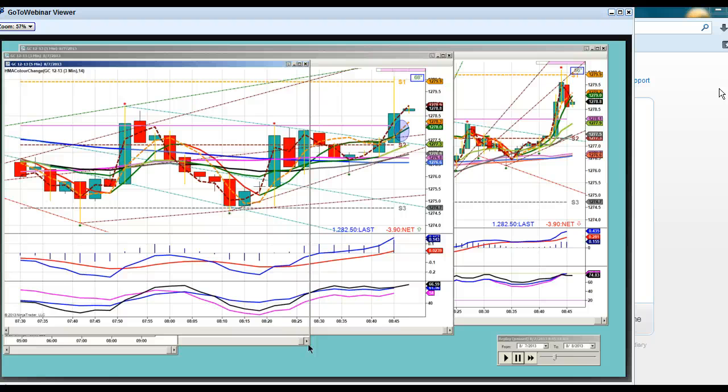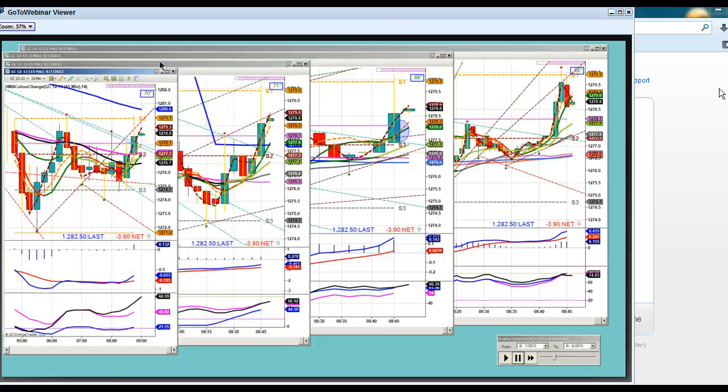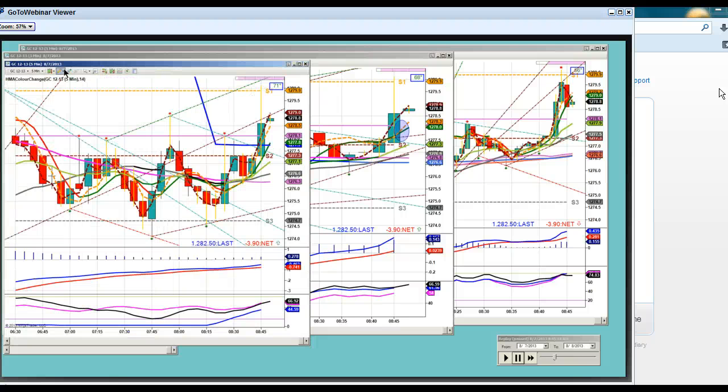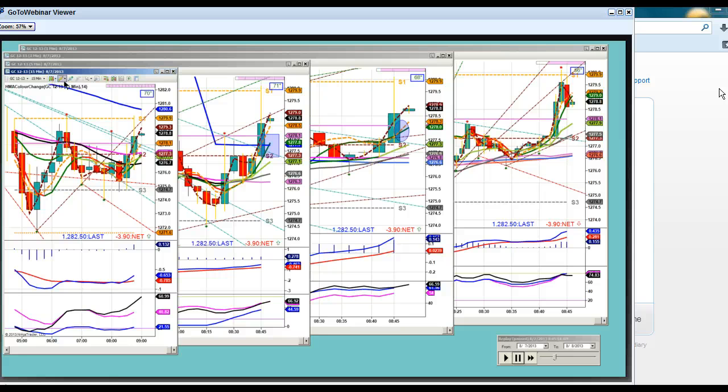Notice on the 5-minute chart, the HMA has not caught up to the candle. And if we look at the 15-minute chart, the HMA has not caught up to the candle. So one thing you know right now, as long as that HMA has not caught up to the candle on any of those charts, the market is going up.